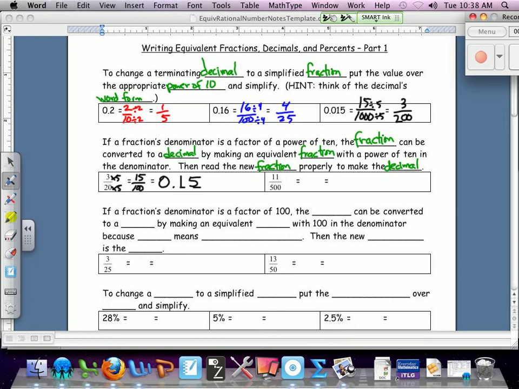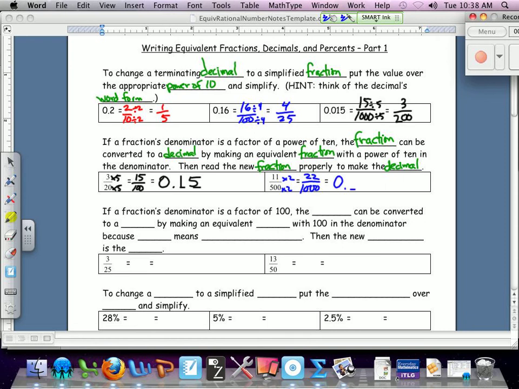For the next one, 11 over 500. Some people do want to divide by 5. They think they can only make it tenths or hundredths in the denominator. But in this case, if I divide by 5, I'm going to get an improper, or a complex rather, fraction. And that's not very helpful, because then I'm not going to be exactly sure where to put my decimal. So instead, I can make it thousandths.